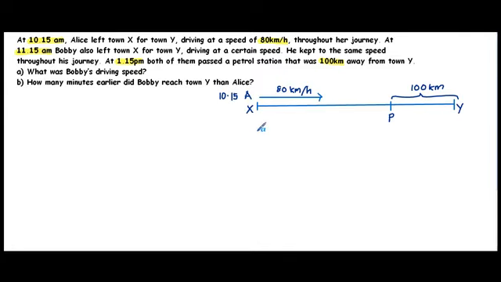Bobby left town X at 11:15 a.m., driving at a certain speed.